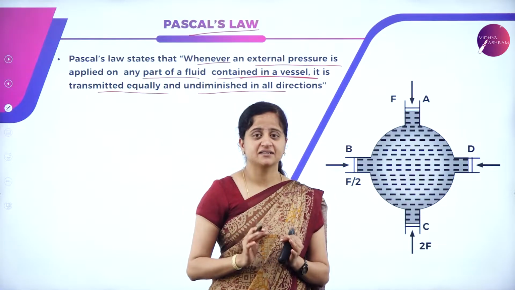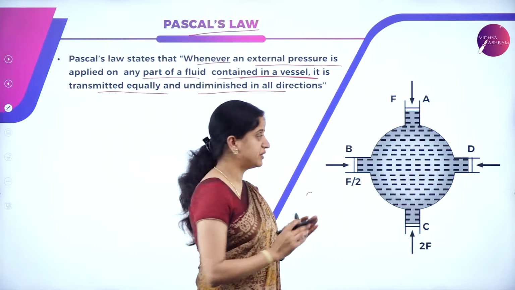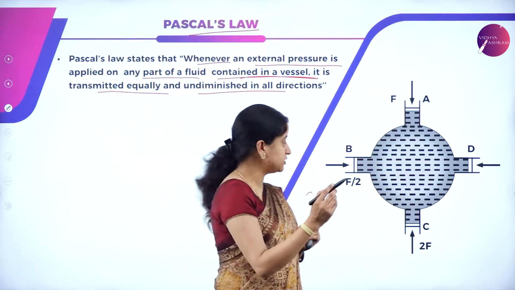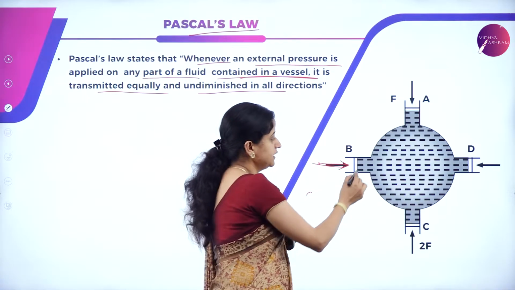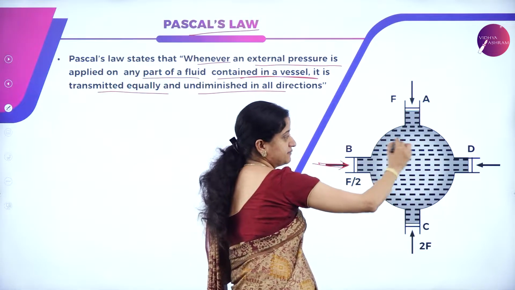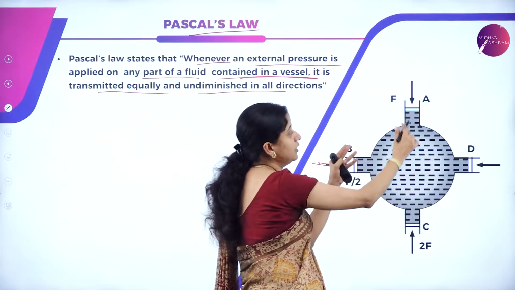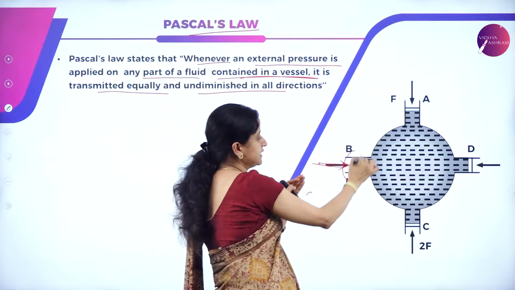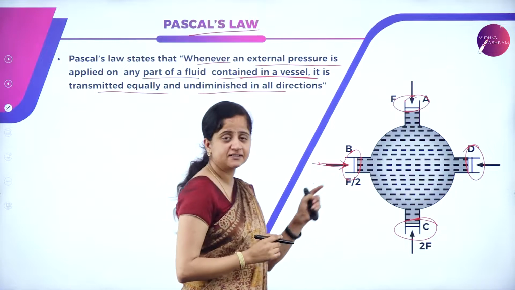So we can understand this by taking one example. Suppose this is a container in which we have considered a fluid. If I apply some force here in this direction, this fluid is transmitting the force in all the directions. Suppose we consider these are the 4 pistons fabricated in this container.